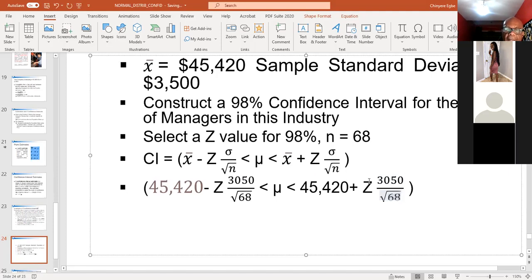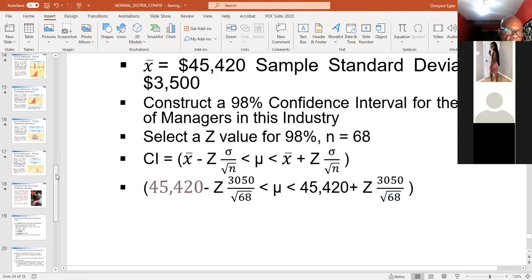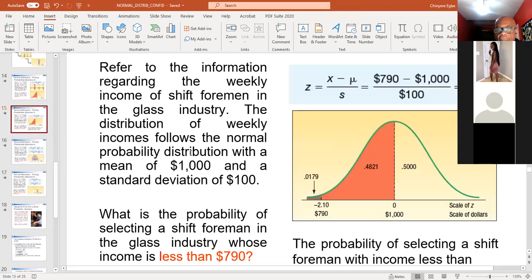Now I'm going to go back and let us select Z. Z is for a 98% confidence interval. So watch this very closely. You see the normal curve? Okay, you're with me.